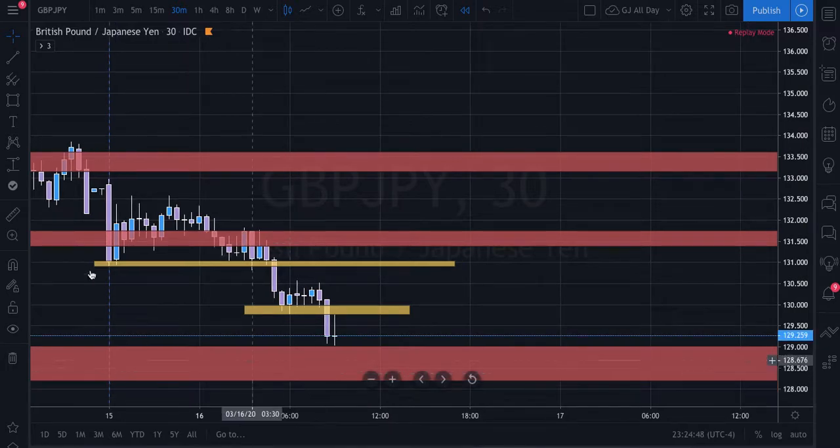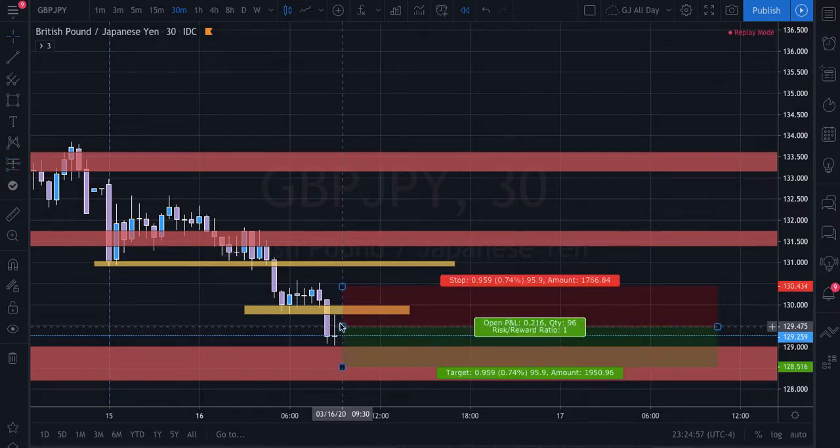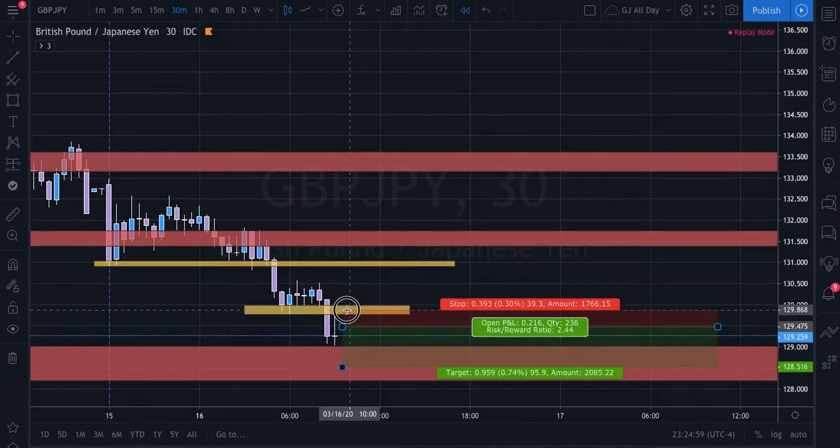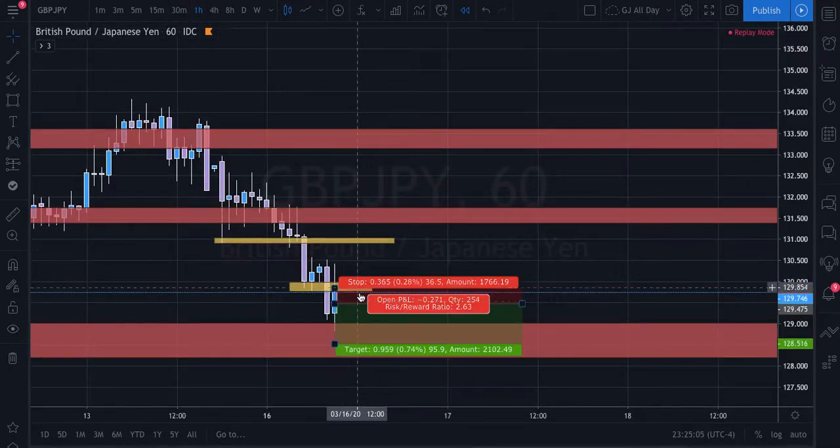So retest. I probably would have tried to wait for this pullback and maybe got in right here or something. But you can see how volatile this is.